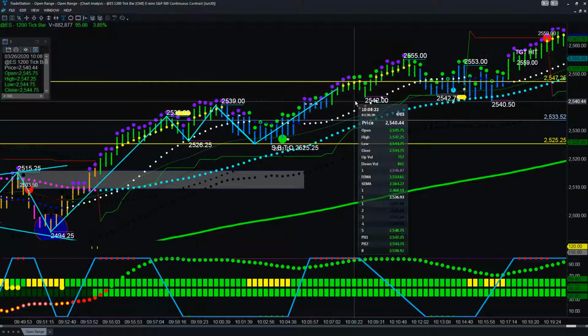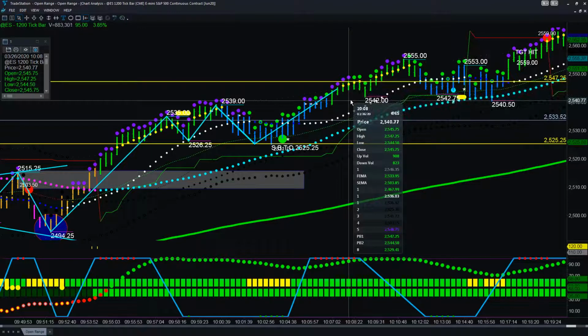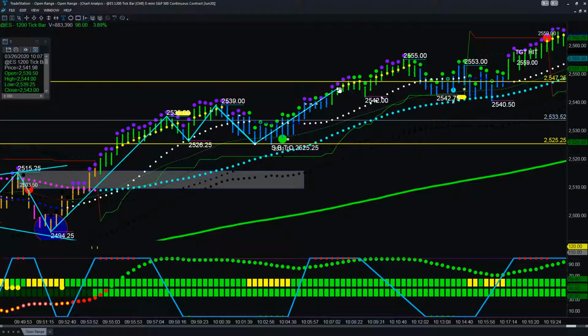All right, let's see where the swing high is here. Okay, so we went to 47.25, so where should the pullback be? Right in this box. Well, they only came down to 42s. We didn't get to 39s.